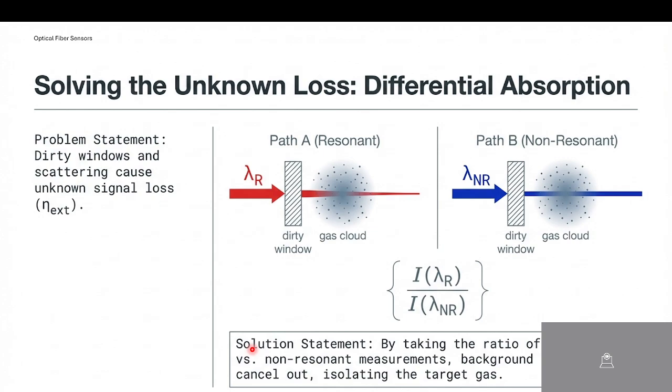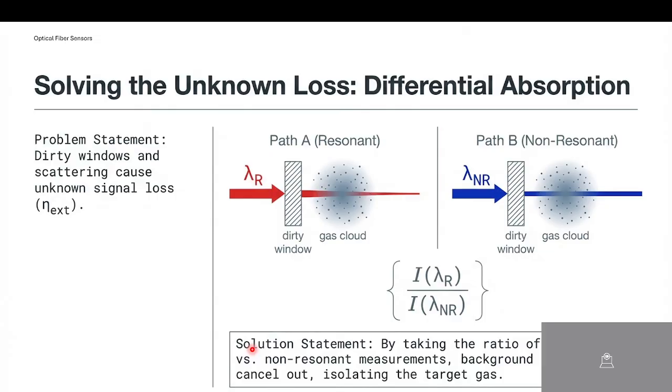Moving towards the next thing, which is differential absorption. Why is it important? Because it solves the unknown loss. To understand the unknown loss, we need two things, path A and path B. In path A, there will be a resonant condition, so the resonating lambda will be transmitted to the gaseous cloud, and in the second way, path B, the non-resonant lambda is also propagated.